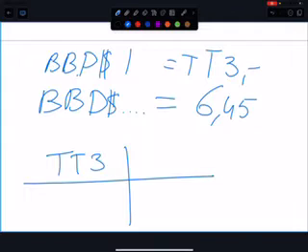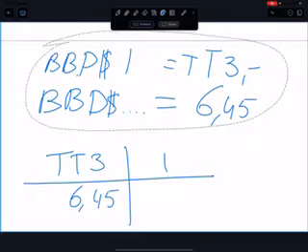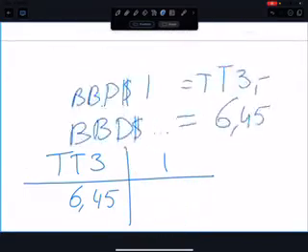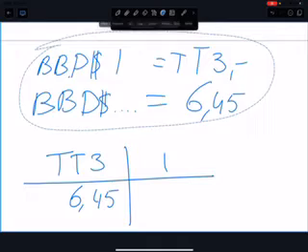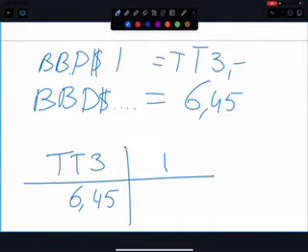Just the same thing. You just flipped it. Different ways of getting it.